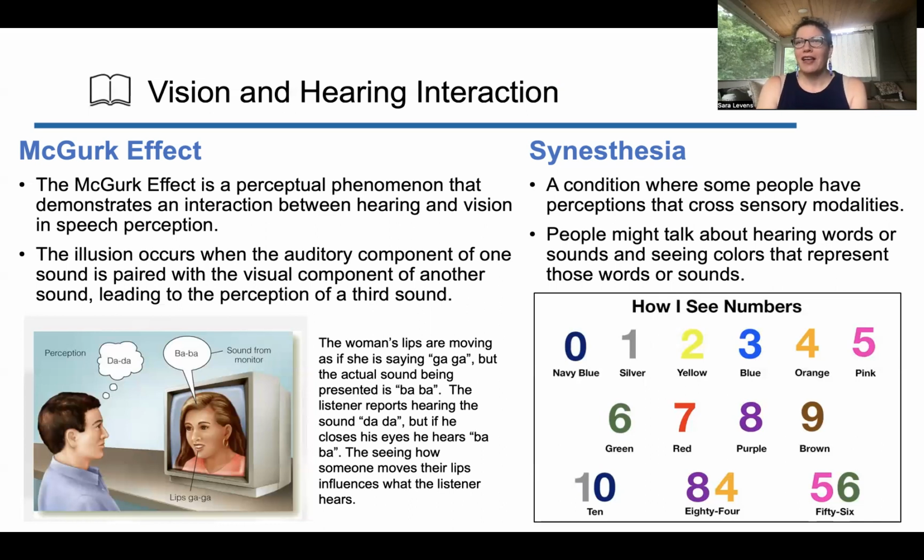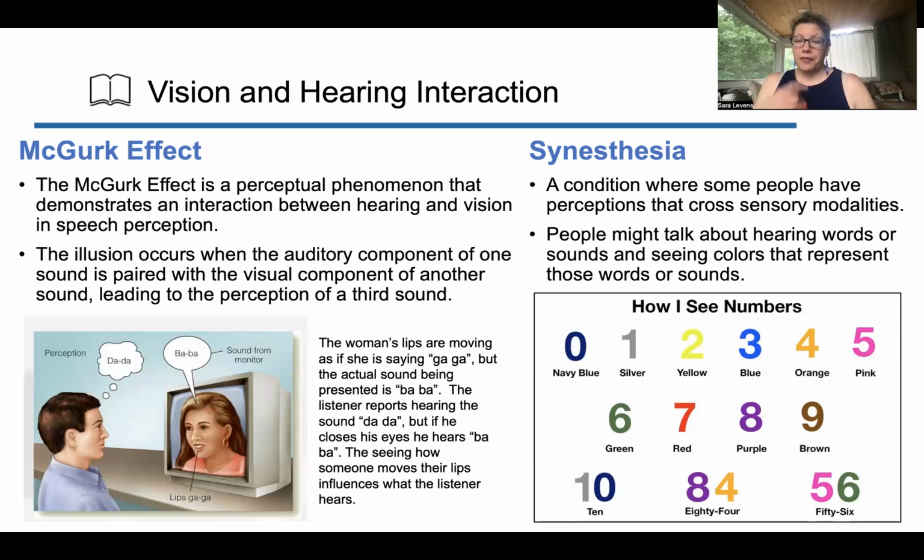Sometimes you get the beginning of the word, and you fill in the rest of the word that you didn't hear. So these are the types of things where we rely on lip reading and visual information in aspects of our hearing, and the McGurk effect demonstrates that process.